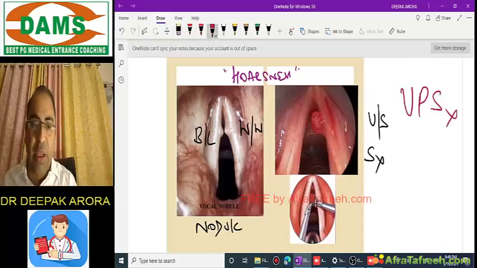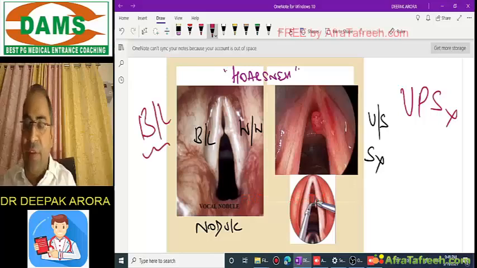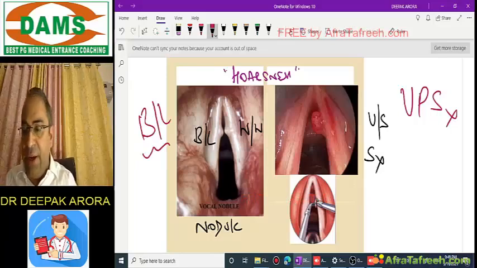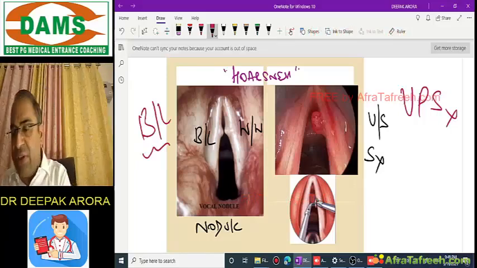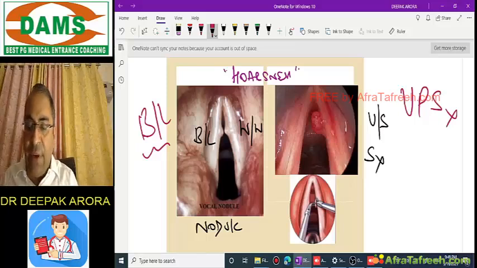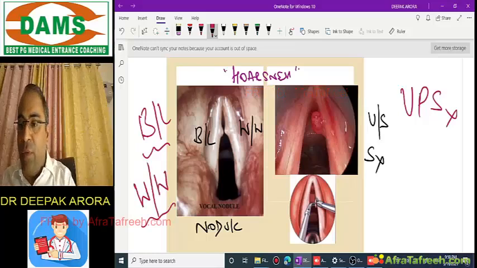If it is bilateral, at the junction of the anterior one-third and posterior two-thirds, we label the patient as nodule. For a nodule, we go for wait and watch.